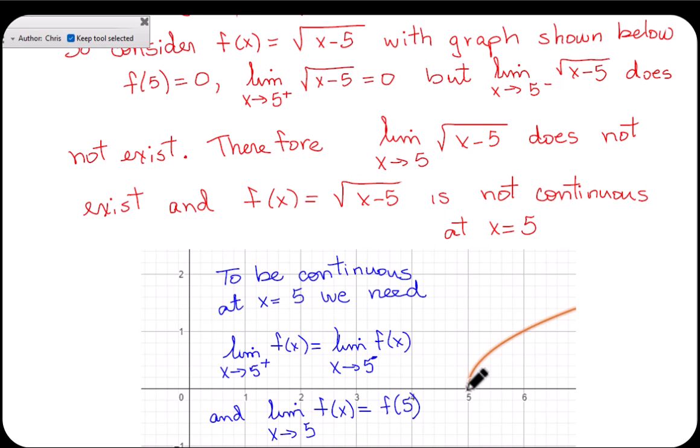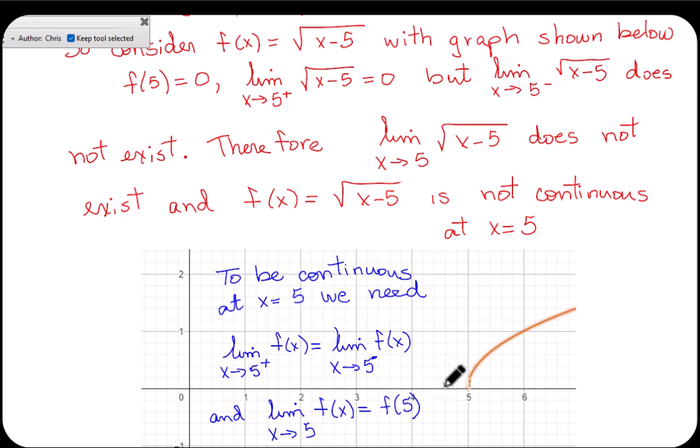But what if I want to take the limit? If I'm coming in from the right, from the plus side, then the graph would say I'm going to 0. But what if I come in from the other side, from underneath 5?